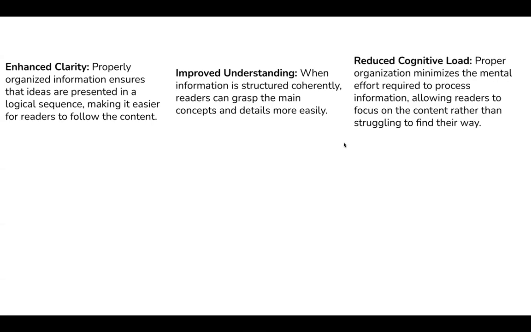The next one is reduce cognitive load. Proper organization minimizes the mental effort required to process information, allowing readers to focus on content rather than struggling to find their way. As I mentioned in the first point, when the article is structured logically, the JavaScript section is not supposed to come before HTML and CSS, and the functionality is not supposed to come before the UI, right? So they are not thinking, what does this mean?